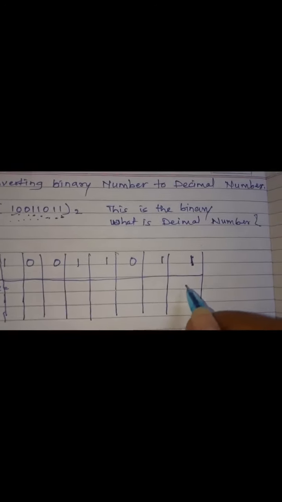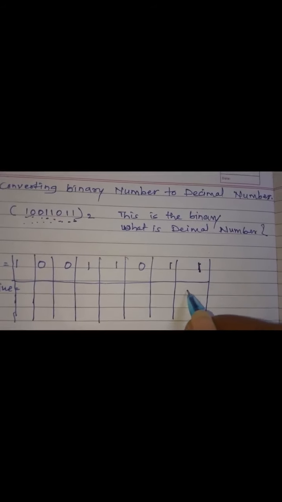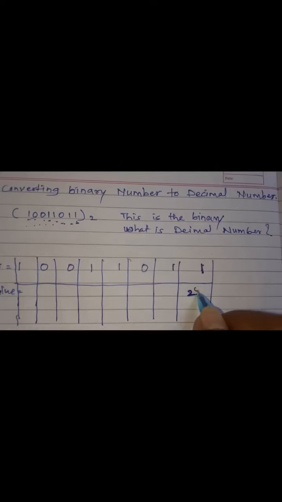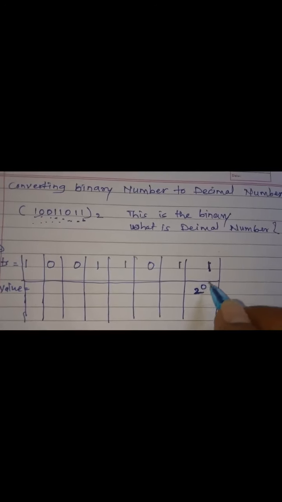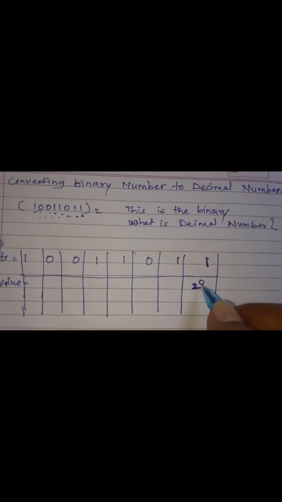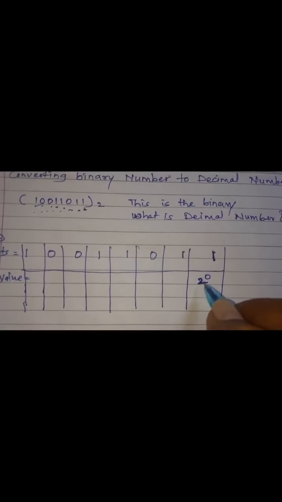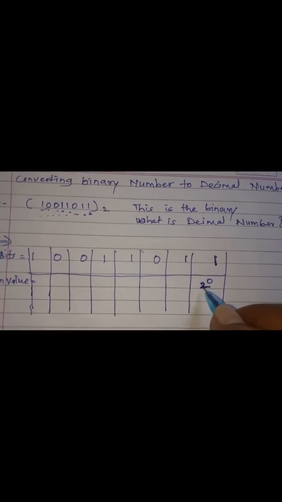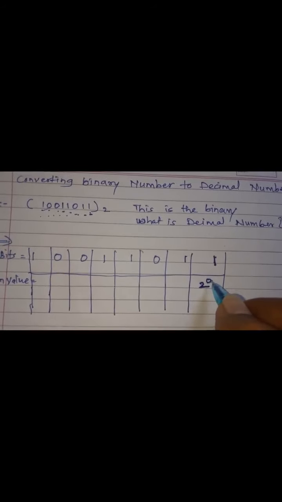First we write from the rightmost digit, 2 raised to the power of 0, because we have to start from 0. And why are we taking this 2? Because we are converting binary digits. That's why we take the base value 2 and the power of 0.